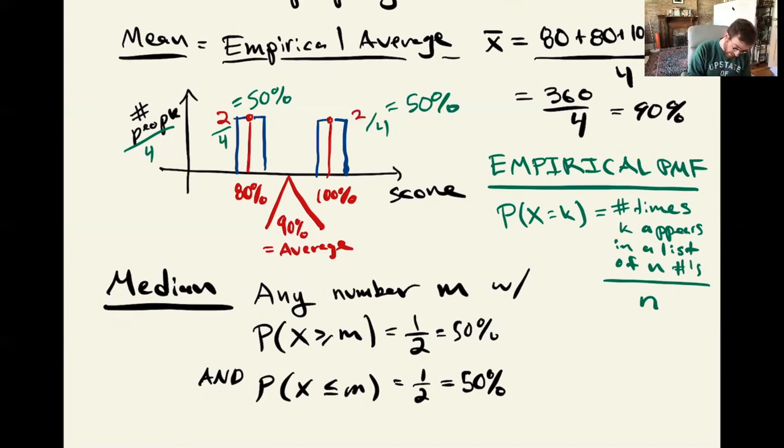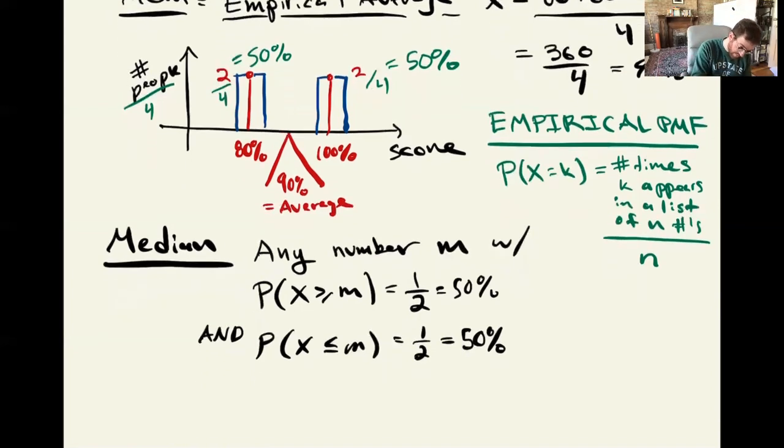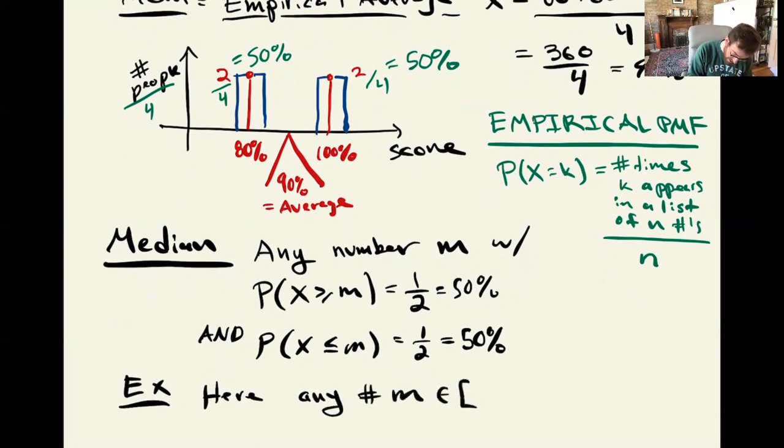So if you think very carefully in our example here, any number m that's in the range between 80 and 100, but not including that endpoint of 100, is the median.